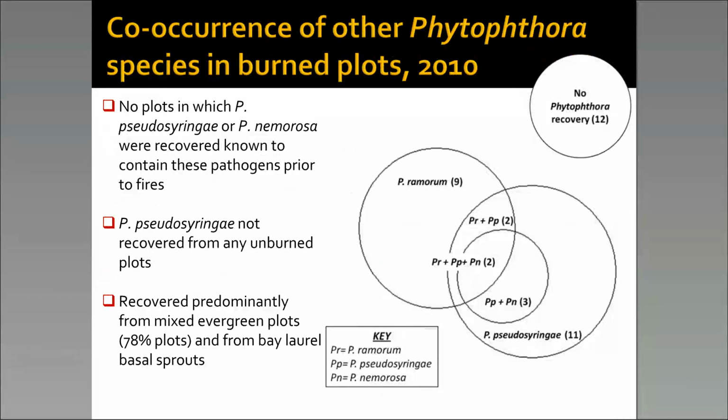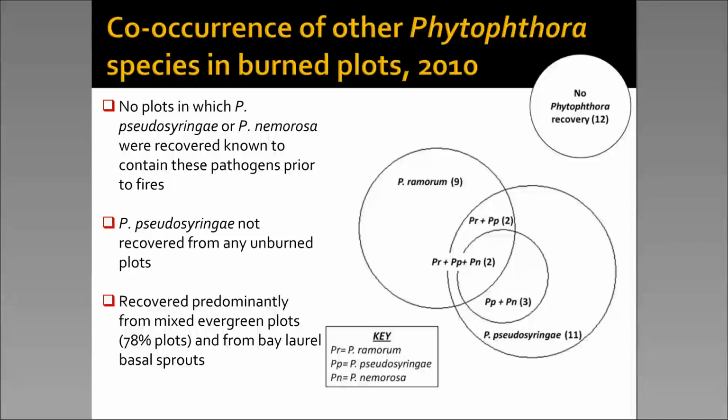And then something that we didn't expect to come across and weren't really planning on looking at, but we ended up finding, especially in 2010 when I really started paying attention to these other species, was that we were recovering a few other Phytophthora species from this vegetation.